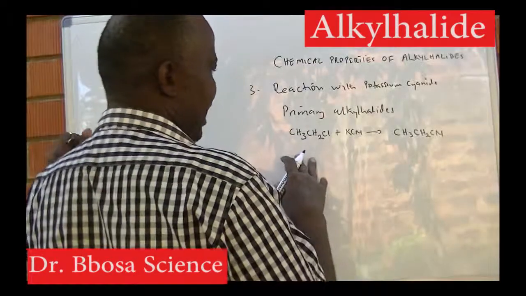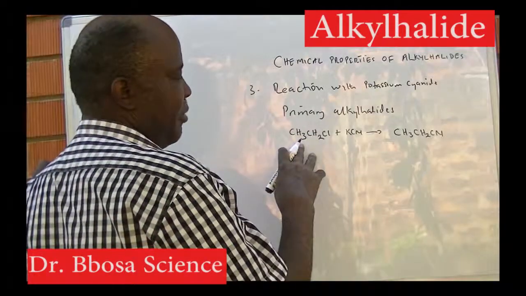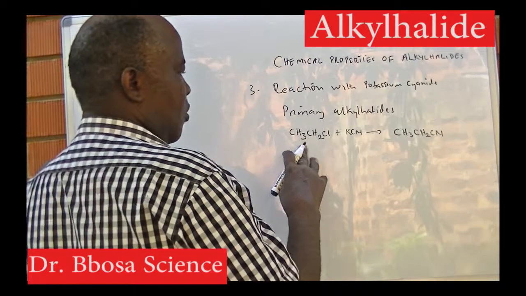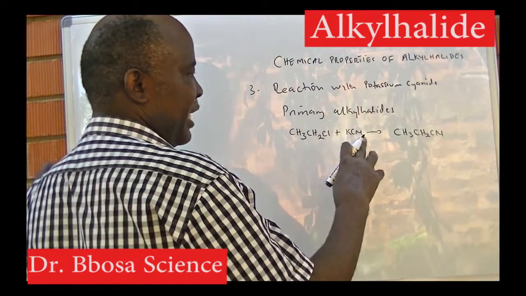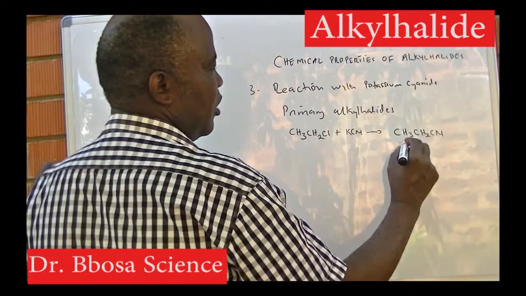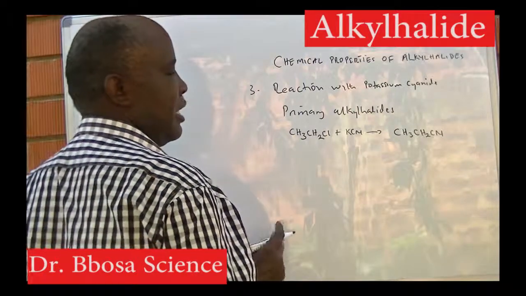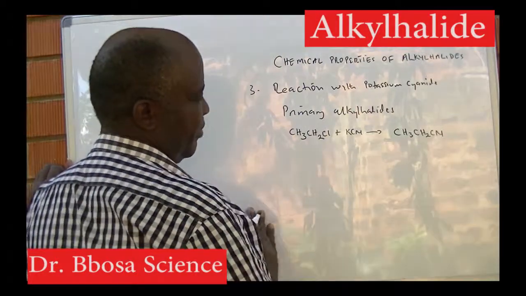Primary alkyl halide. An example: chloroethane plus potassium cyanide will give propanenitrile.